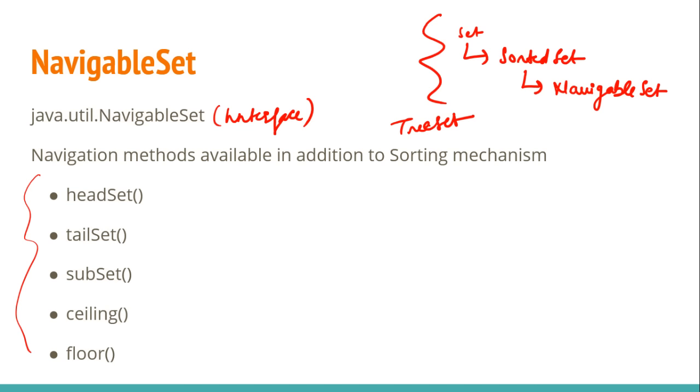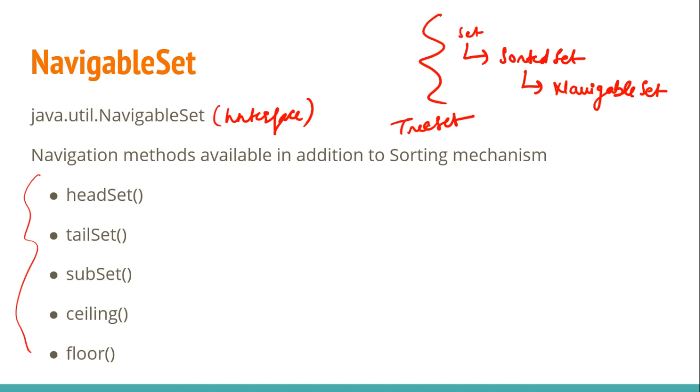So navigable set behaves like a sorted set, but with the exception that you have these navigation methods. These are not the only methods, there are more, but these are the commonly used navigation methods available in addition to the sorting mechanism provided by the sorted set. Now let's take a look at what each of these navigation methods does.